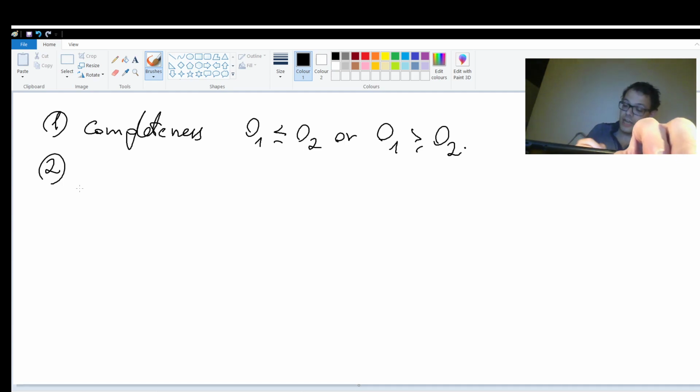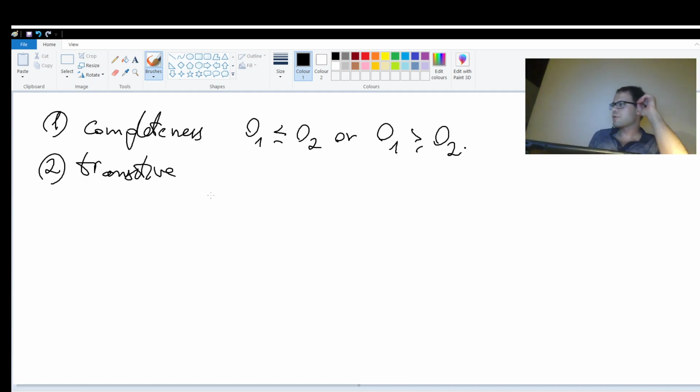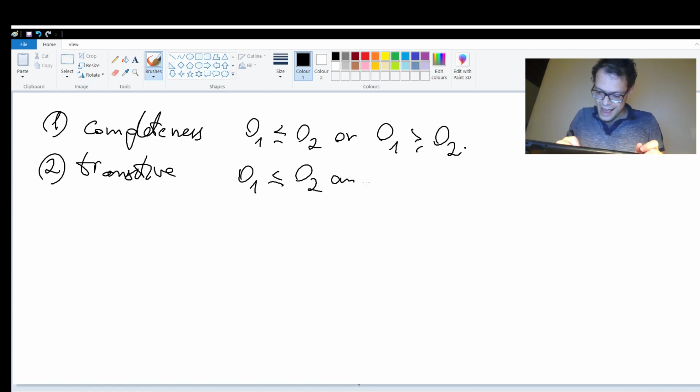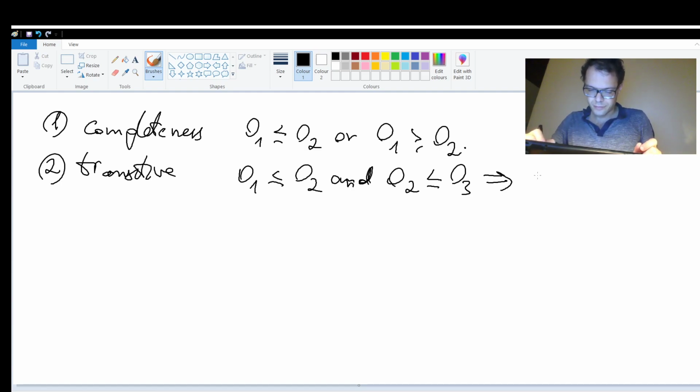Another one is that it has to be transitive. Again, when you have numerical comparison, it's natural that you have transitivity. And transitivity means that if you have Q1, which is at least as good as Q2, and Q2 at least as good as Q3, it means that Q1 is at least as good as Q3.